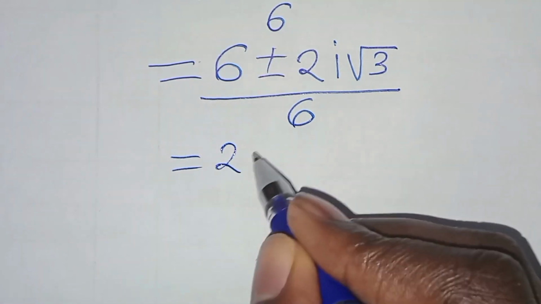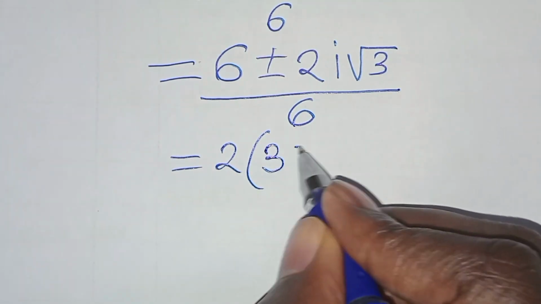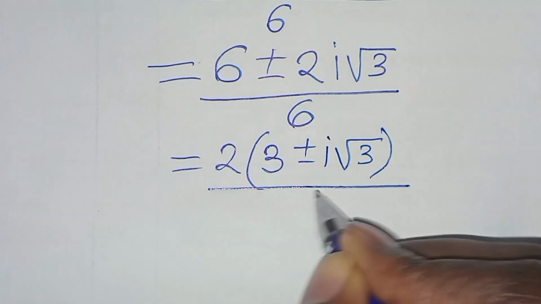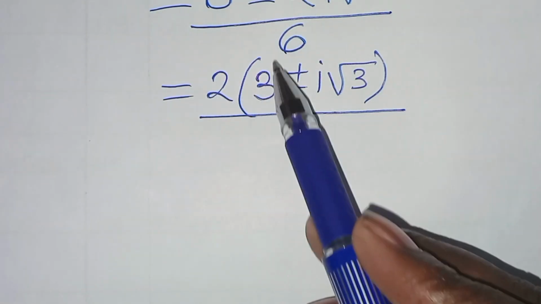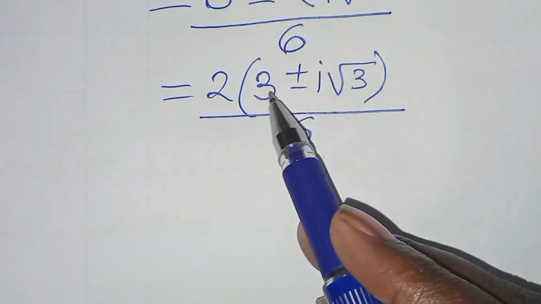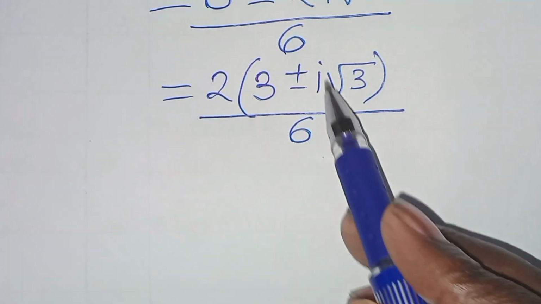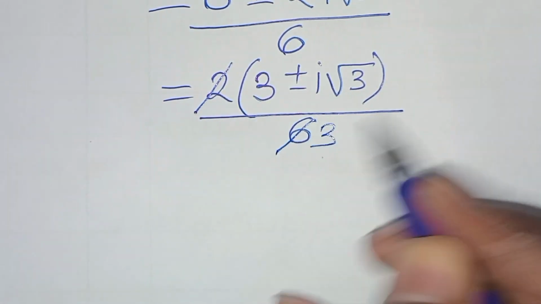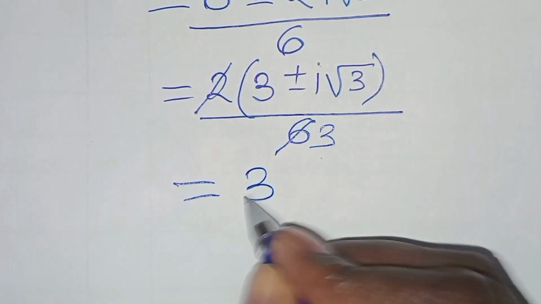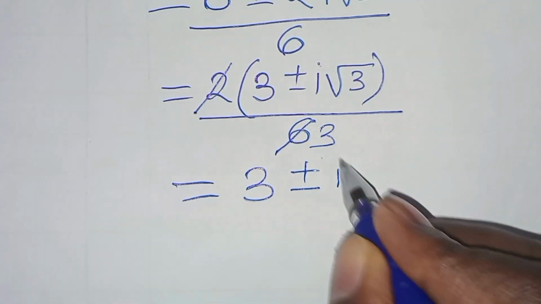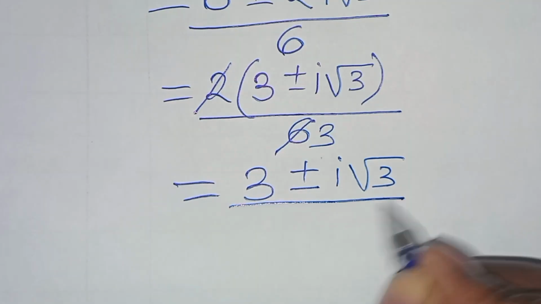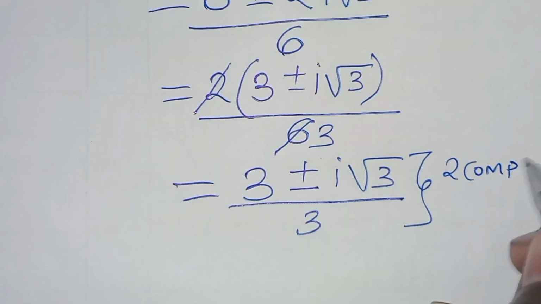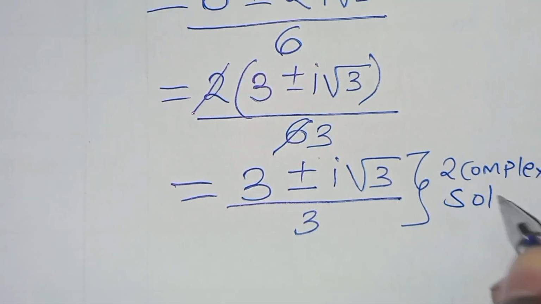So we have 2 into the parentheses, 3 plus or minus i square root of 3, over 6. Let's simplify here by 2, 1 by 2, 3. So this is equal to 3 plus or minus i square root of 3, divided by 3. So these are two complex solutions.